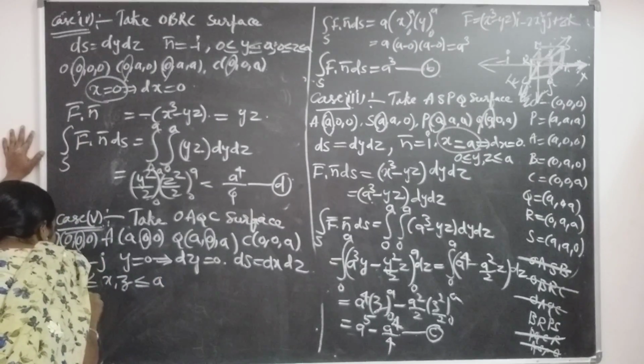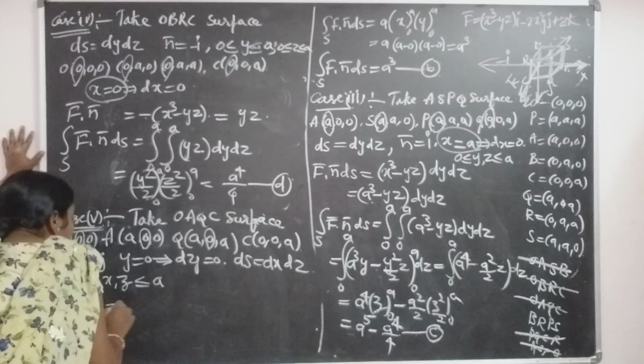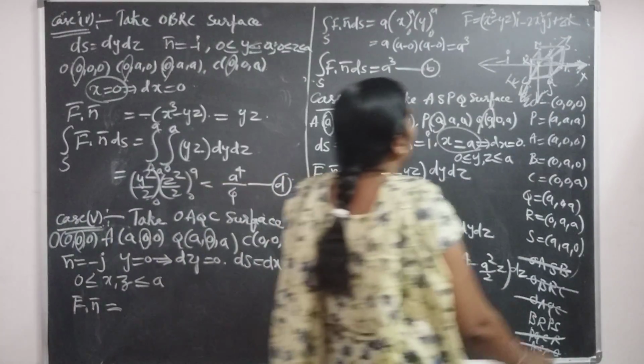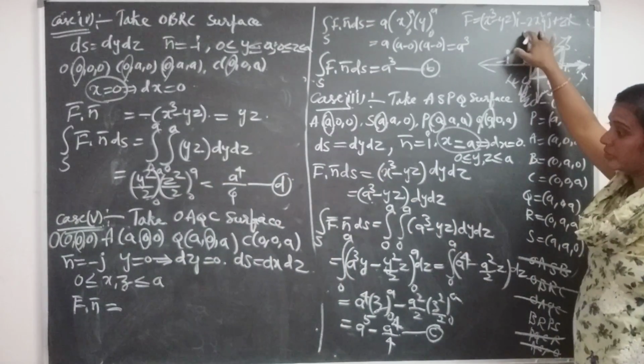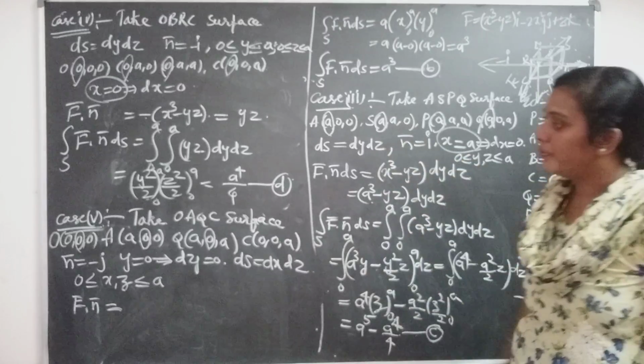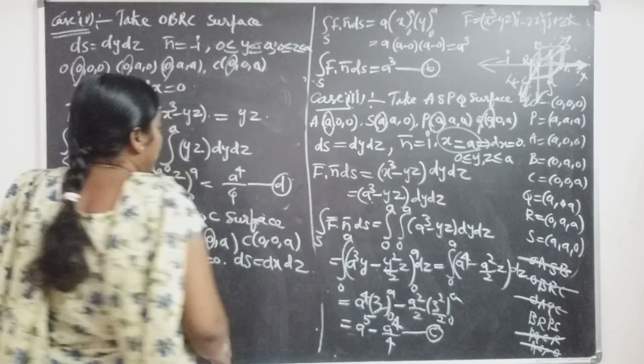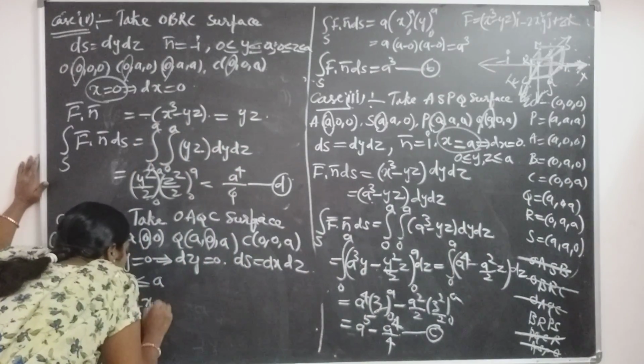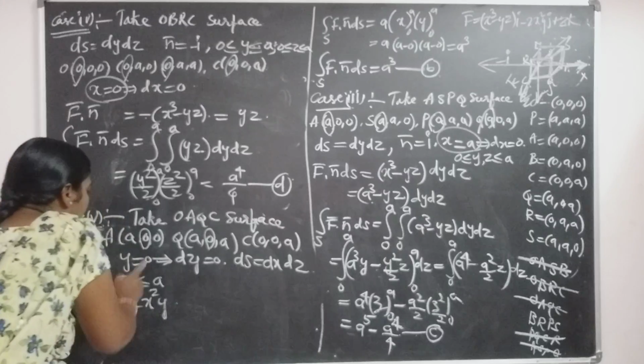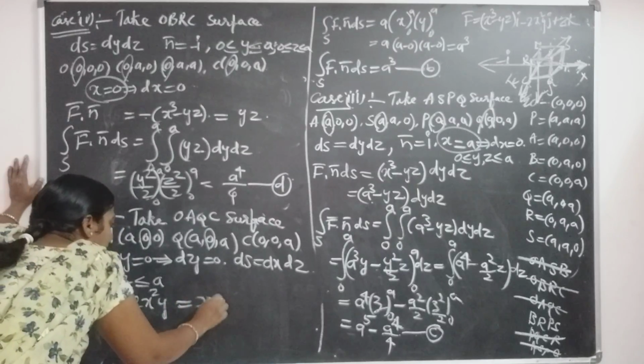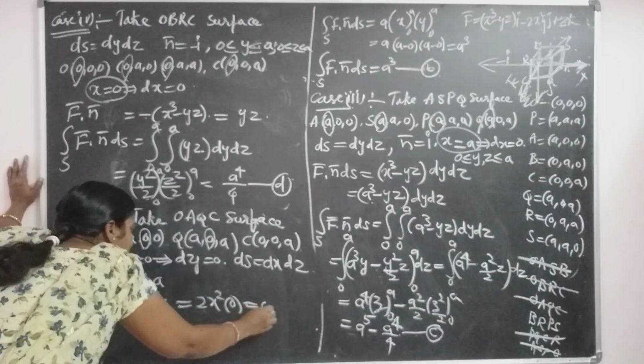F bar dot n bar is equal to, in the j component, minus 2x squared y into minus j, minus into minus gives plus 2x squared y. But here y equal to 0, so 2x squared into 0 will be 0.